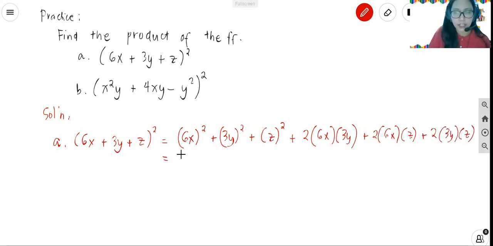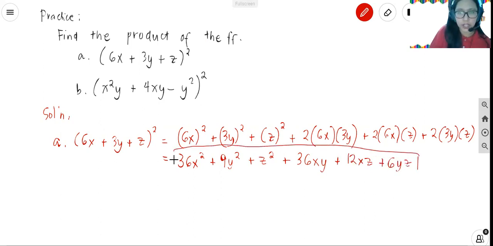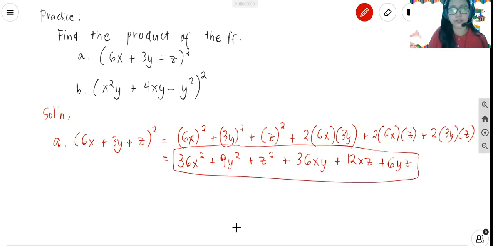So simplifying, we will have 36x squared plus 9y squared plus z squared plus 36xy plus 12xz plus 6yz. I hope you were able to get this answer.